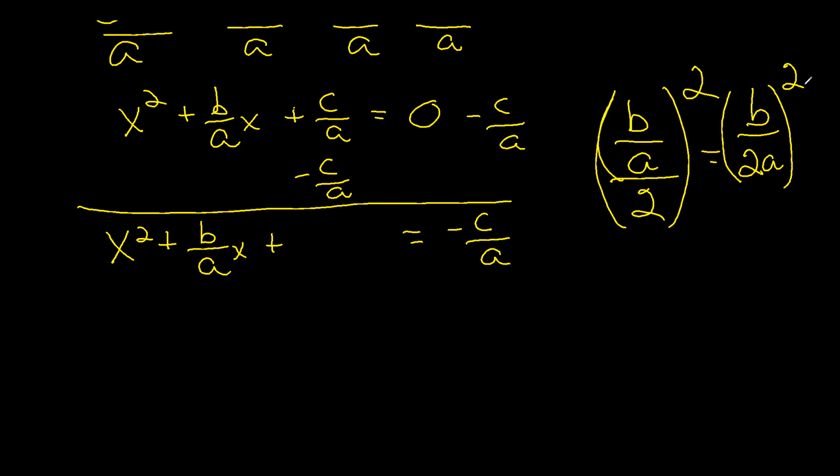So that's going to give me b squared over 4a squared. And of course I've got to add that to this side as well. I add it to the left side, so I have to add it to the right side. So I'm going to rewrite that as b squared over 4a squared.